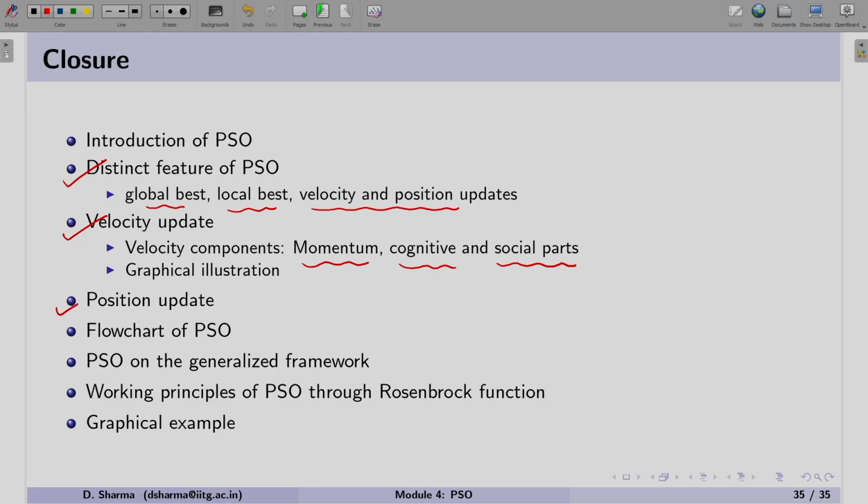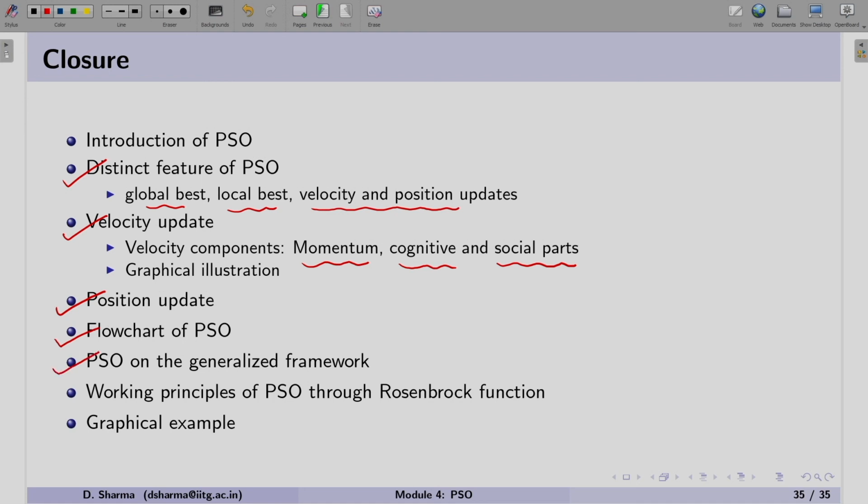Thereafter, we went through the position update, which was a simple formula to use. We understood PSO with the help of a flow chart, in which a new addition was that the position update and velocity update were done for each particle one by one.